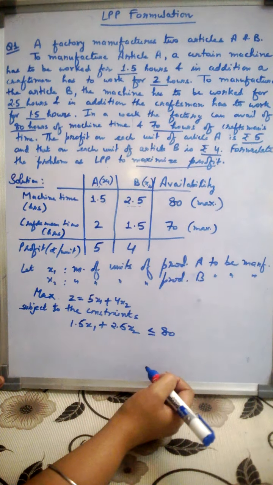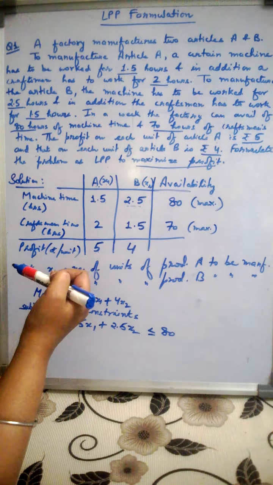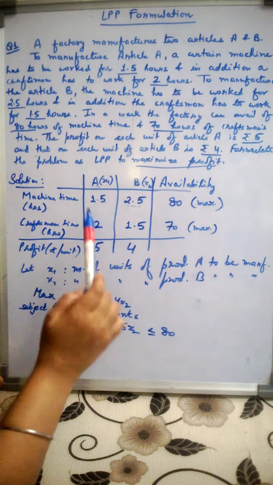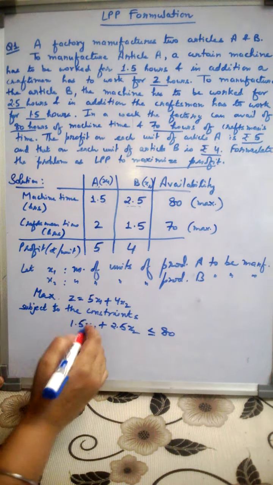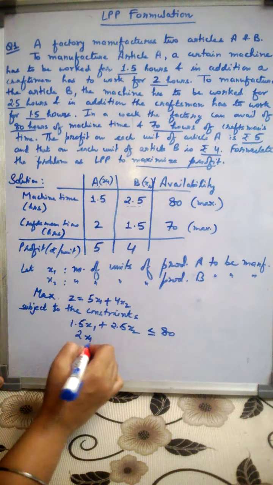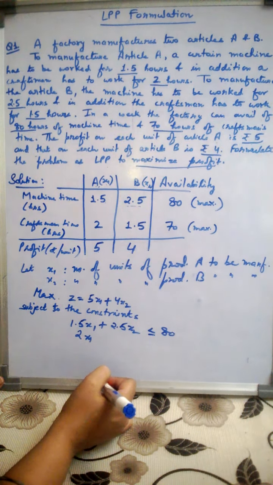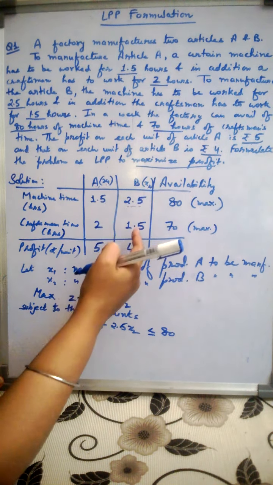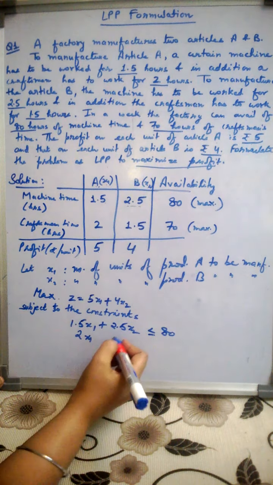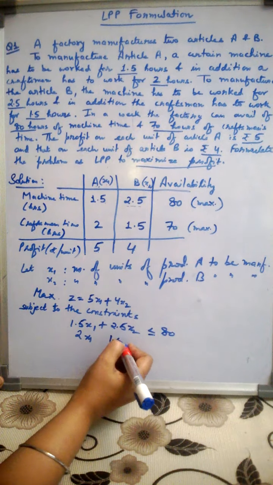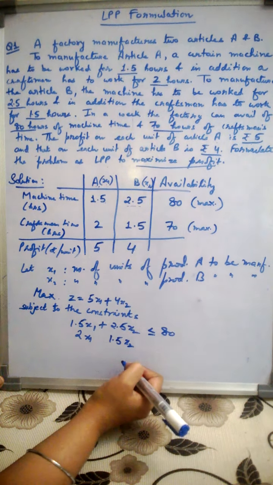Similarly, we have to formulate another constraint on craftsman time. 1 unit of A requires 2 hours of craftsman time. So x1 units will require 2x1 amount of craftsman time. Similarly, 1 unit of B requires 1.5 hours of craftsman time. So x2 units will require 1.5 x2 amount of craftsman time.